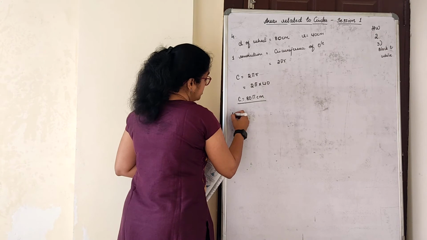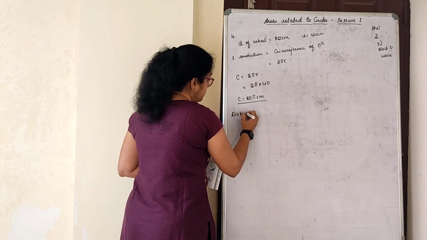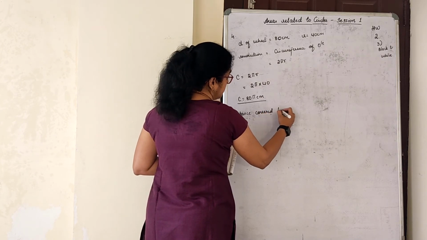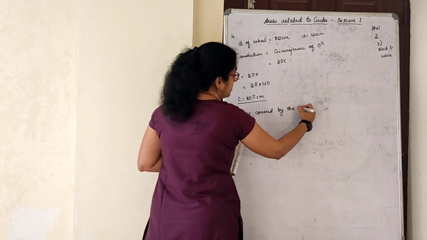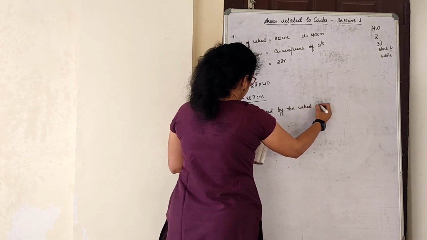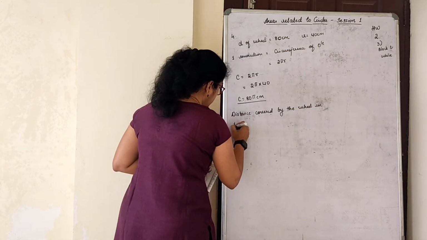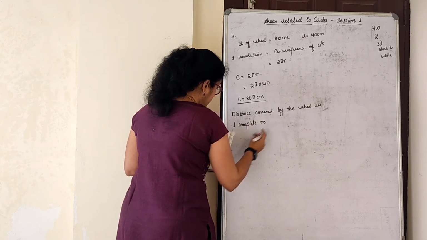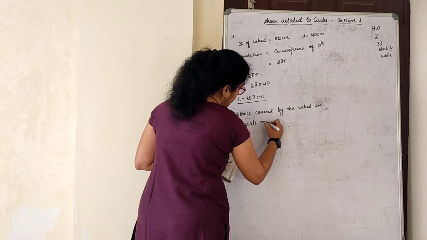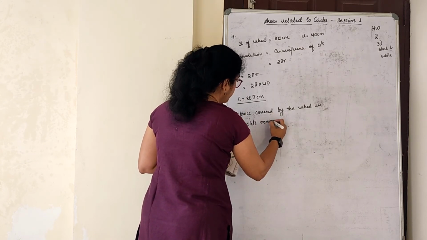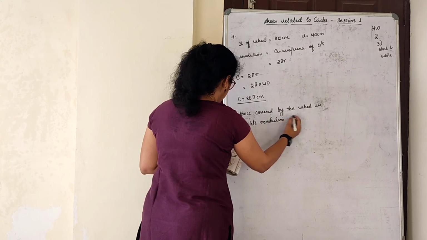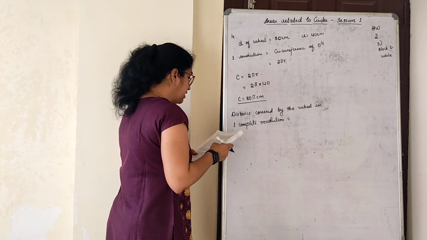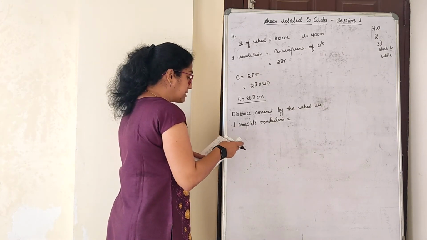So distance covered by the wheel in one complete revolution is equal to... now, how much have they given here? 66 km per hour.